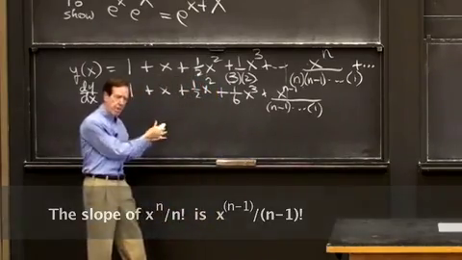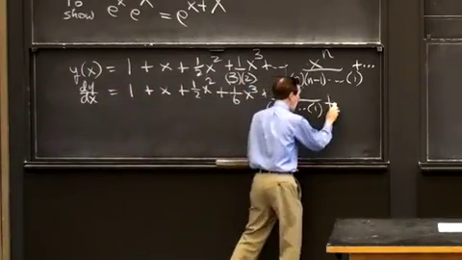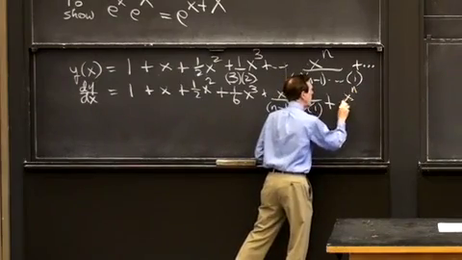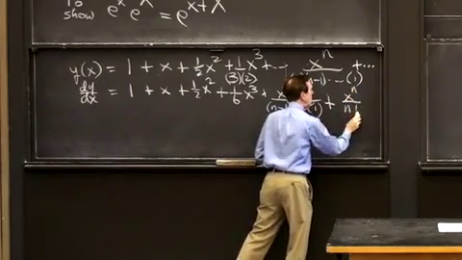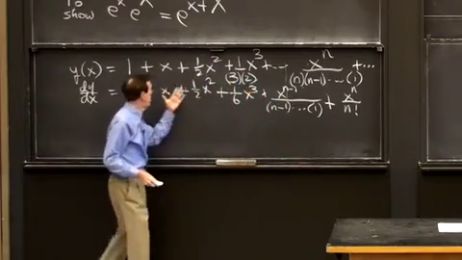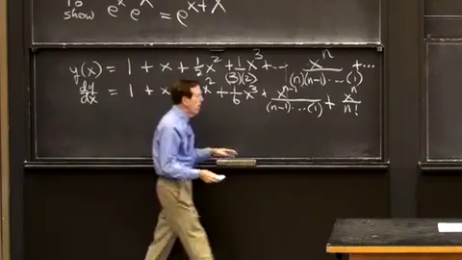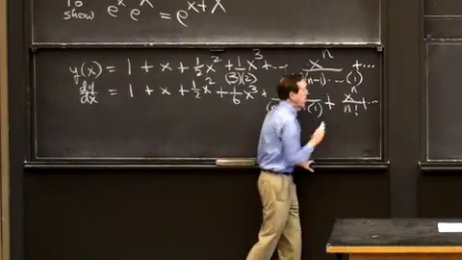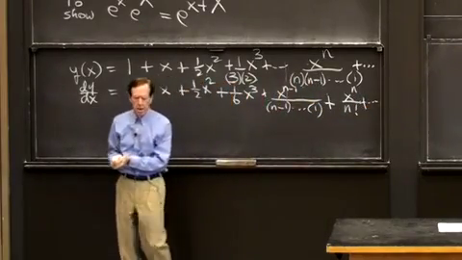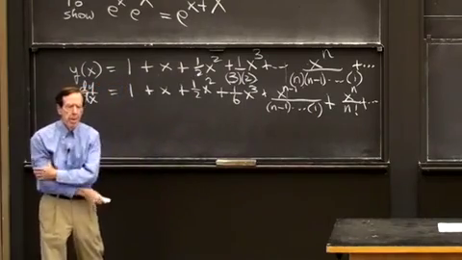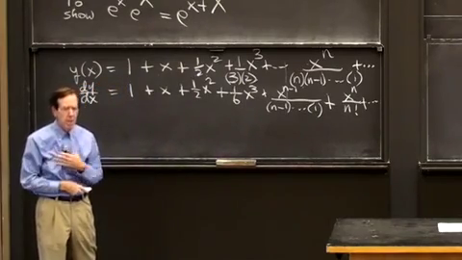That will be the previous one. But now I have to add in the x to the nth over n factorial, because y and dy dx have to be the same, so I have to keep going. Okay, so you might say, well, you're going to blow up. Not personally, the series.